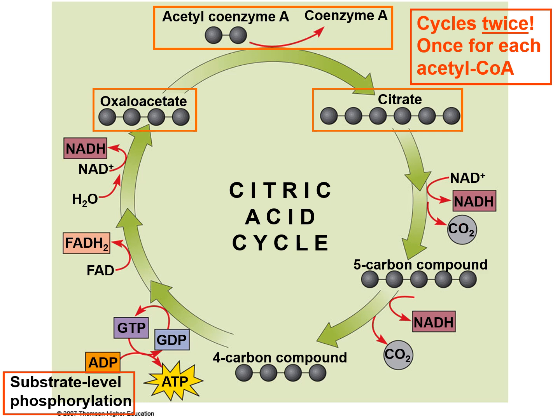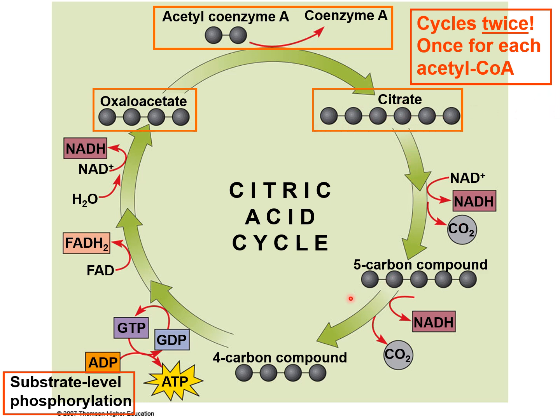Okay, this is just showing you the Krebs cycle. And you can see at the top, we're going to start with our acetyl-CoA. So this is just showing you one of the acetyl-CoAs because we can only send one of them through at a time, so we'd have to do this twice. So you can see the 2 carbons. We'll attach it to a 4-carbon compound to make a 6-carbon compound.